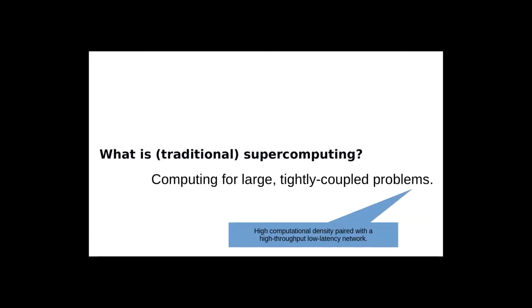But the tightly coupled is also important. It means that the computational density has to be high, because we need to connect all the different elements with a high bandwidth, low latency network. And as a result, we end up with unique architectural challenges, getting that much compute with that high of a density.